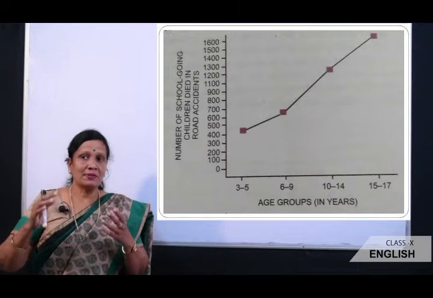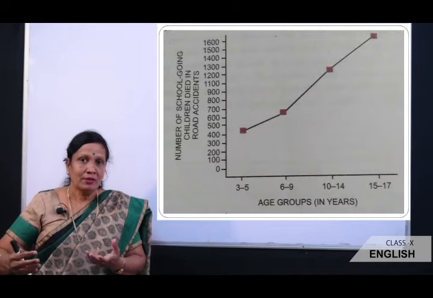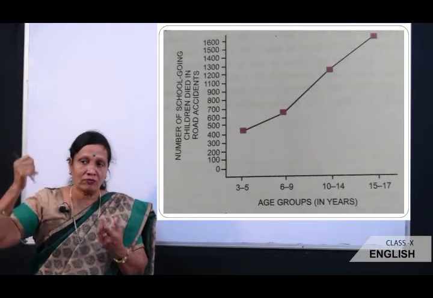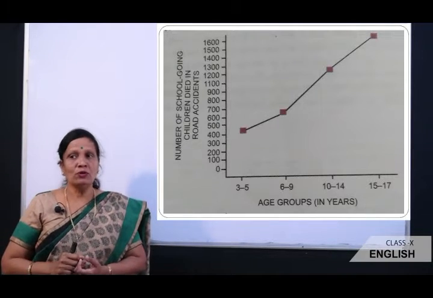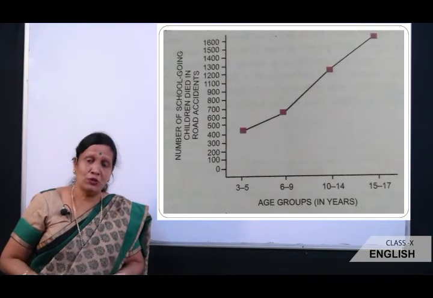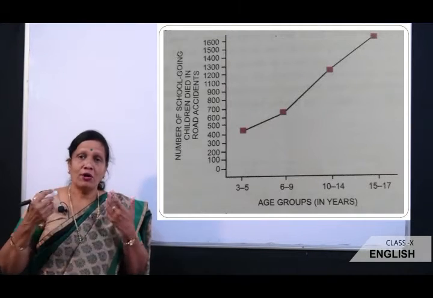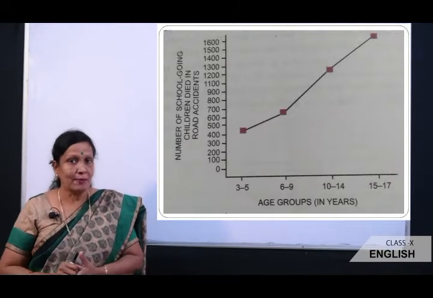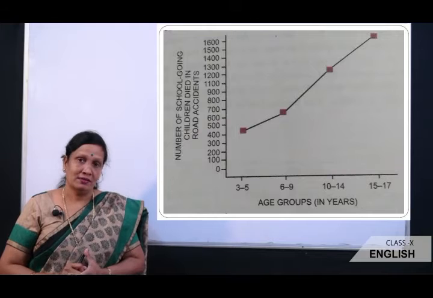Okay, now what happens if we feel that the number of deaths occurring is in between the age group of 10 to 14 or 15 to 17. Now what is the solution? What points must be taken into consideration to stop these accidents, right?